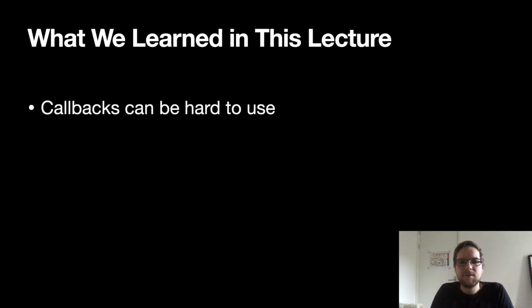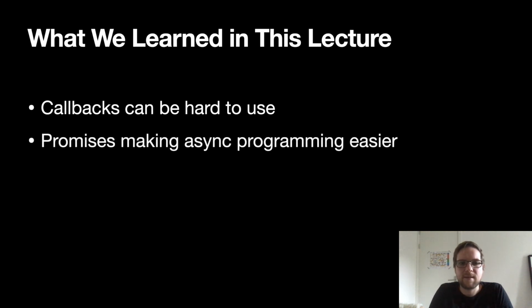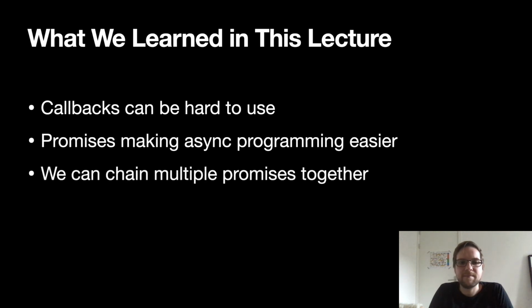So what we learned today, we learned that callbacks are very simple and easy to use for simple cases, but they're very complex and they don't provide a good solution for async programming when we try to do really complex things. And we learned that promises just make life a lot easier. Promises are hard to understand, but they make async programming much easier, more maintainable, and just better.